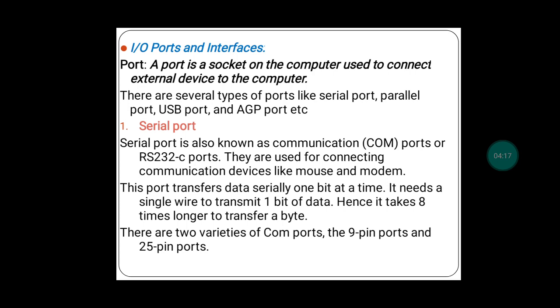And what is a serial port? It is also known as a communication port or a RS232C port. It transfers data serially only 1 bit at a particular time. So types of COM ports are 9-pin ports and 25-pin ports. Hope you all are getting.